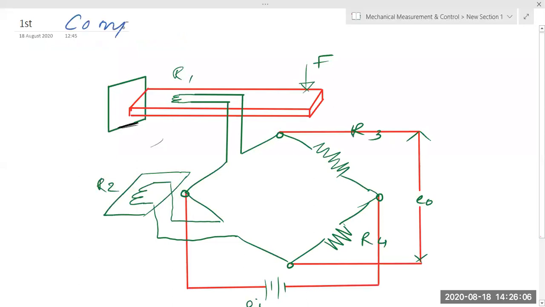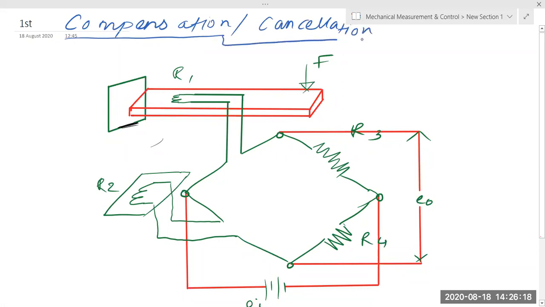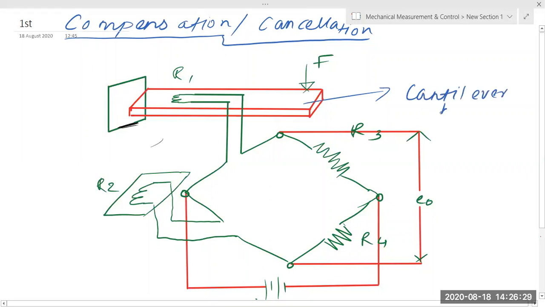Compensation, or you can even say cancellation. Now just look at this. This is a cantilever beam. You all have seen a cantilever beam.